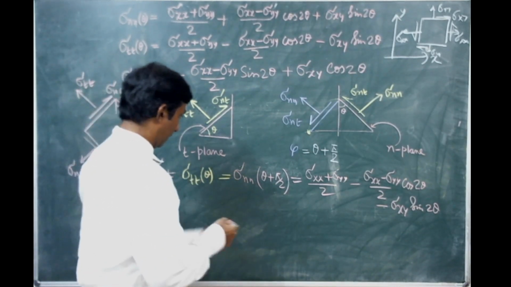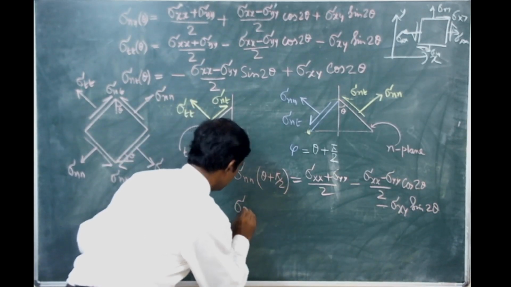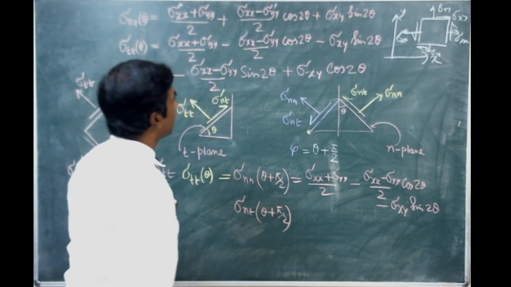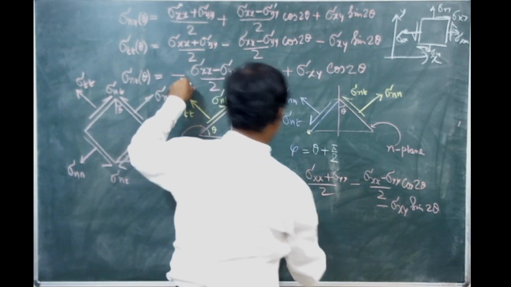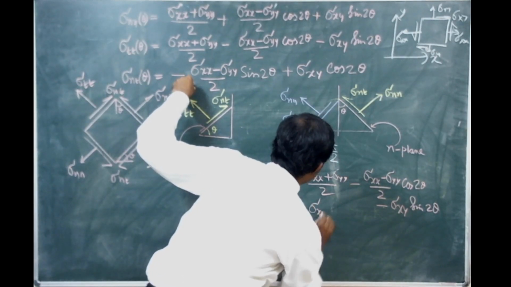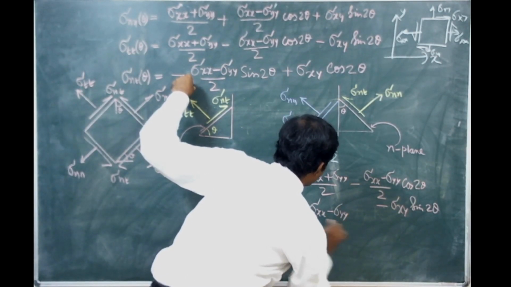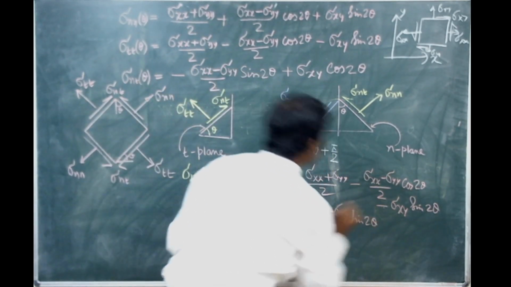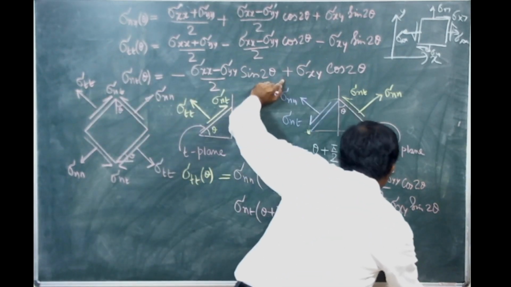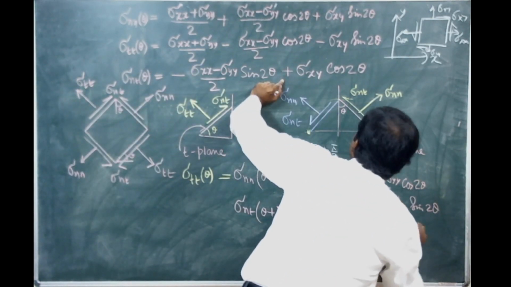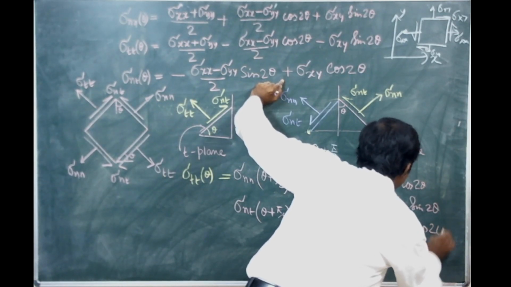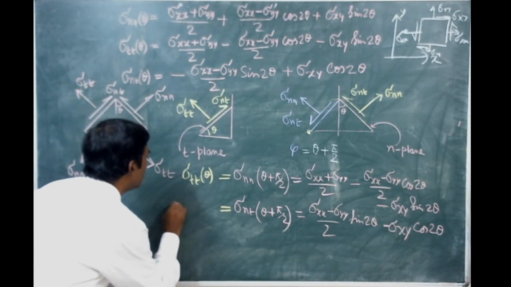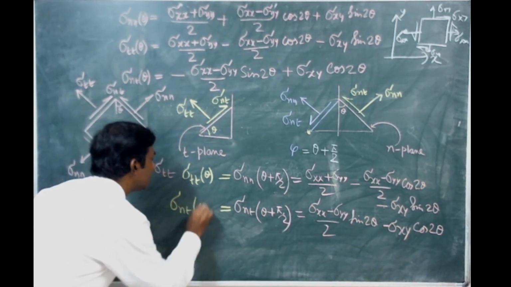What about the other component? In sigma nt at theta plus pi by 2, what you get? You get (sigma xx minus sigma yy)/2 sine 2 theta and then minus sigma xy cosine of 2 theta. You see exactly it is the value of sigma nt at theta.